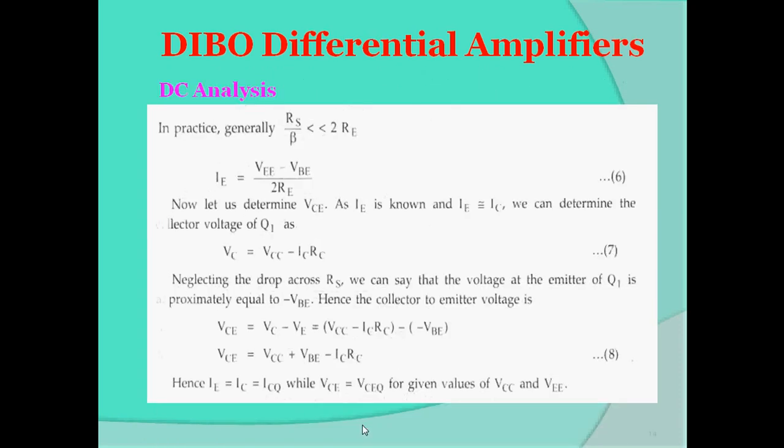Practically, we know that RS is the source resistance, which is very small, and beta is a very high factor. So RS by beta is very small in comparison to 2RE.